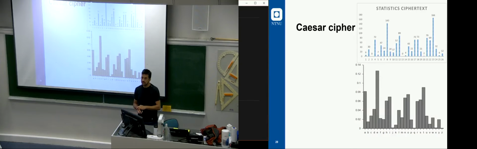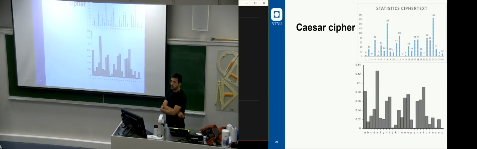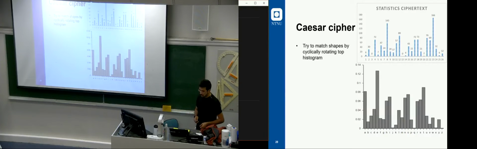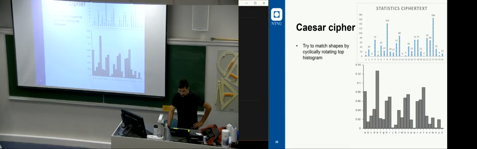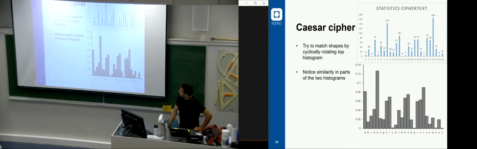For example, we will see, can we find some kind of patterns in these two histograms, so that we will come to know which letters have been used. Can anyone of you see anything common in these things?